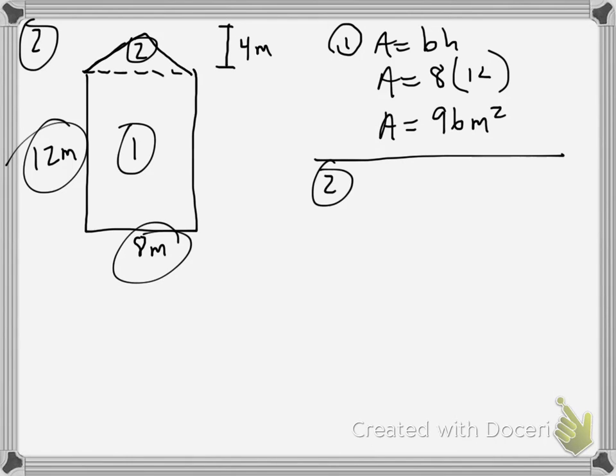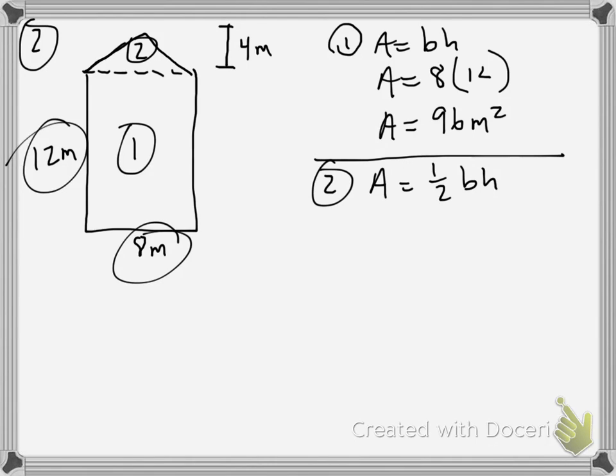Shape number 2. Well, shape number 2 is a triangle, so I have to use the triangle formula. You could either do base times height over 2 or 1/2 base times height. Either one. Now, if I look at this triangle, it doesn't have a base clearly written in it.